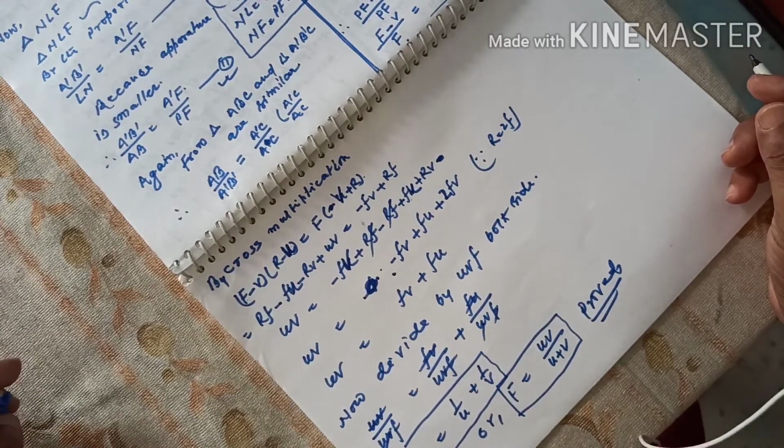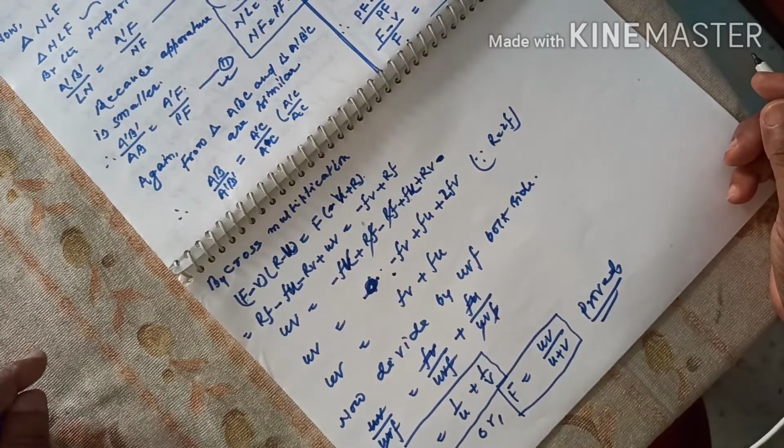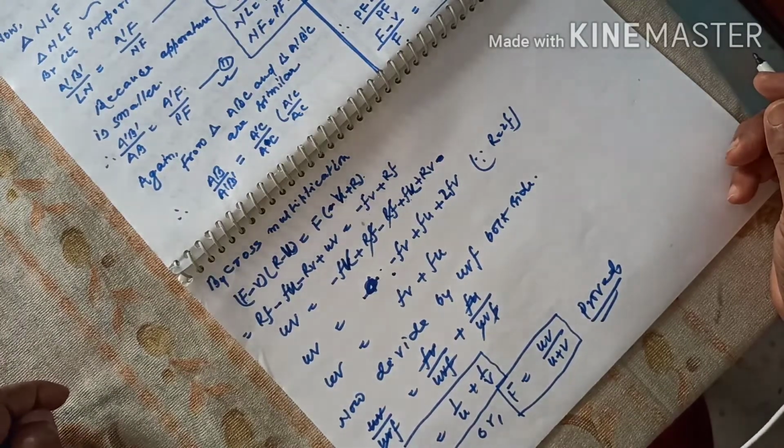In a convex mirror, the image will be imaginary, smaller and erect, on the backside of the mirror.